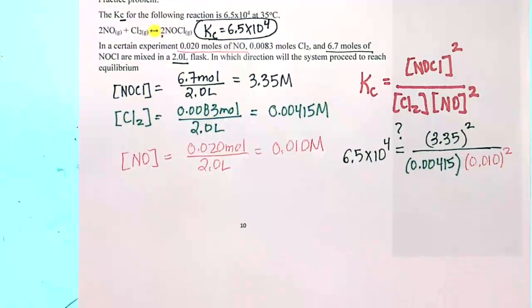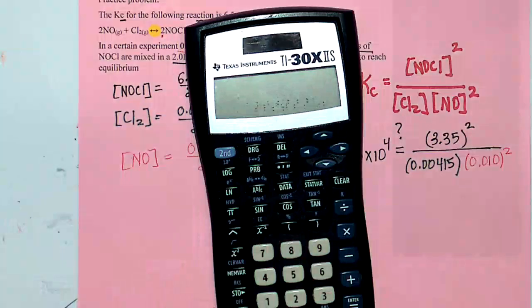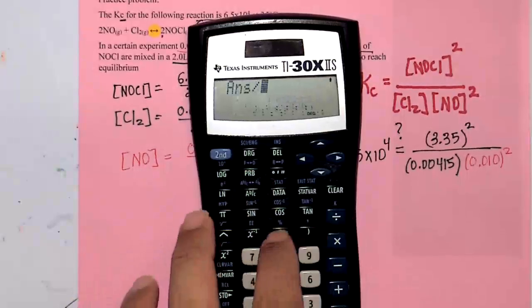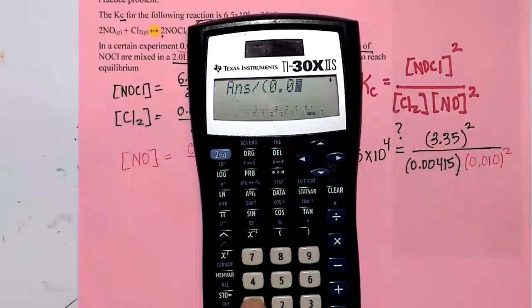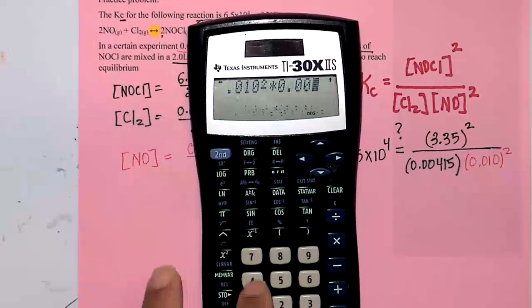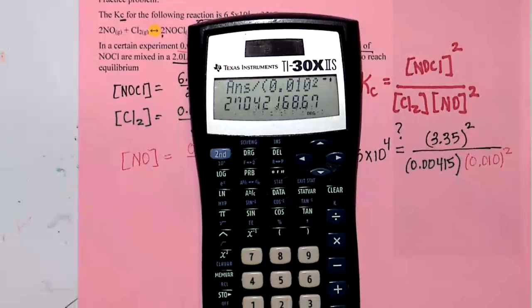All right, so what is this on our calculator? 3.35 squared divided by parentheses 0.010 squared, times 0.00415.